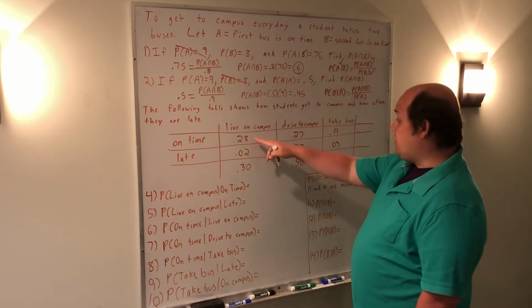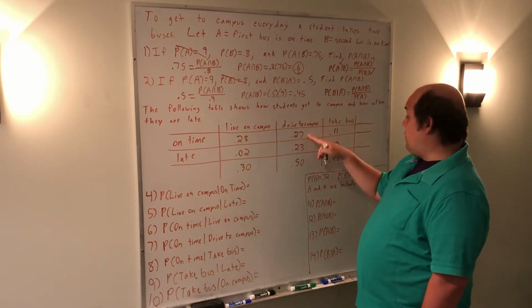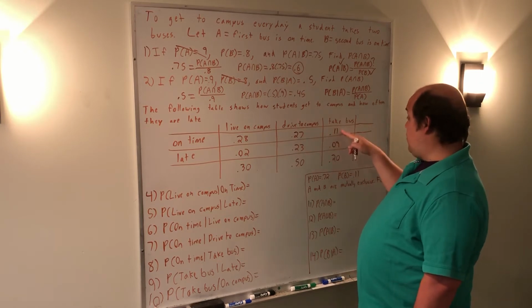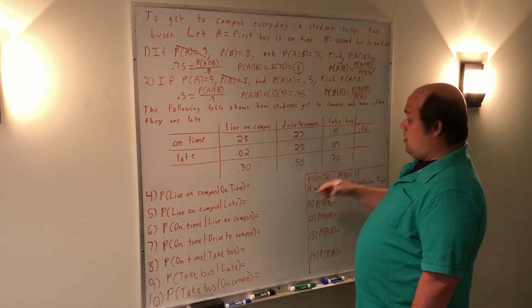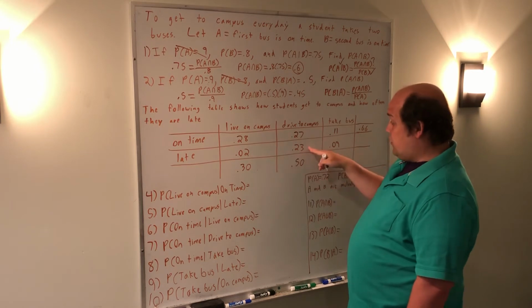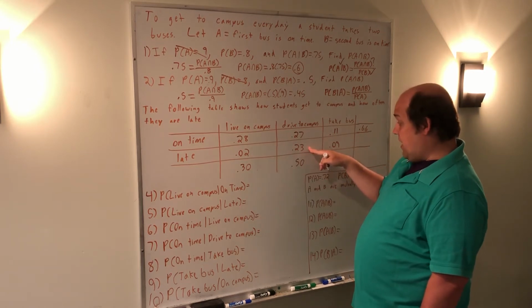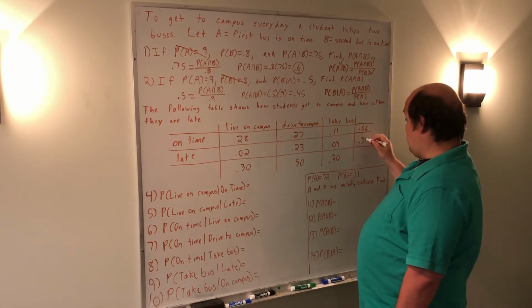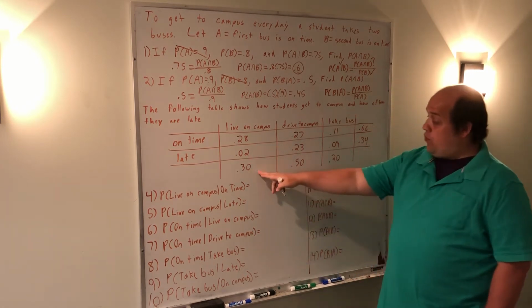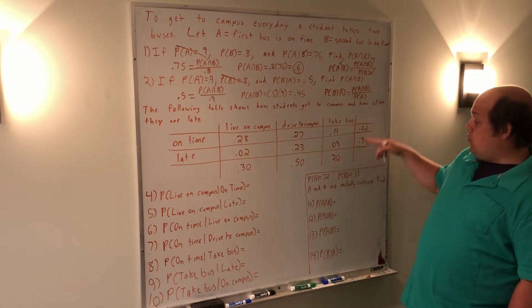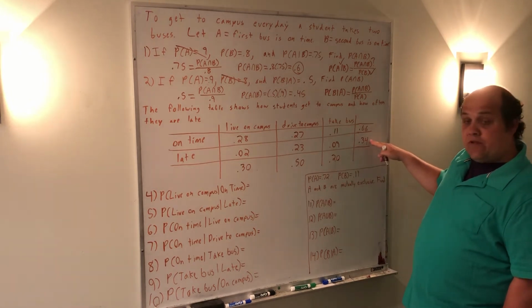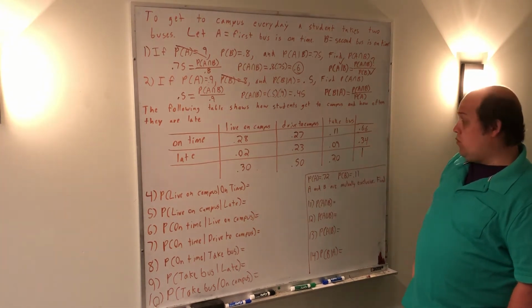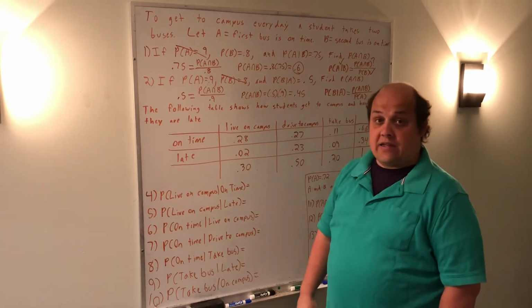When I go across, 0.28 plus 0.27 is 0.55, plus 0.11 is 0.66. 0.02 plus 0.23 is 0.25, 0.25 plus 0.09 is 0.34. Either way I add it, 0.3 plus 0.5 plus 0.2, or 0.66 plus 0.34, should give me 1, which tells me that these do add up correctly.